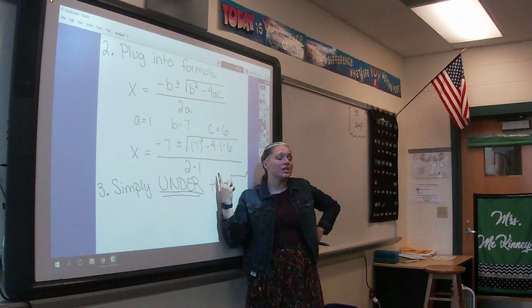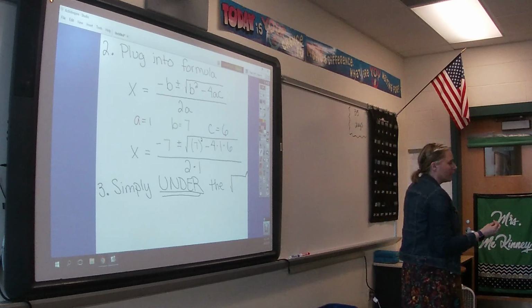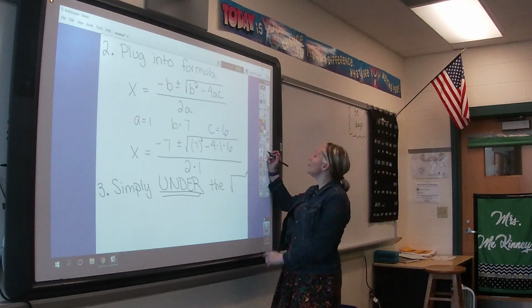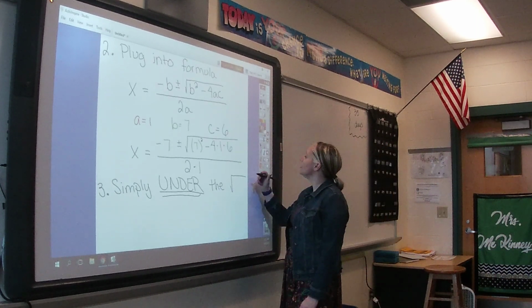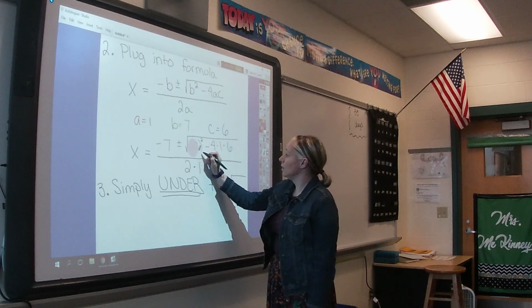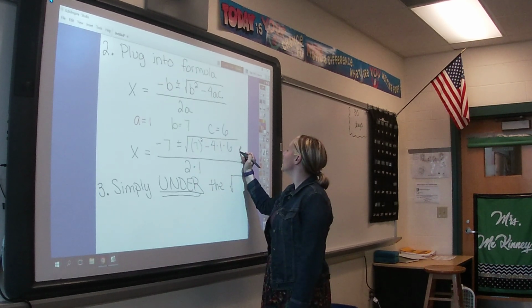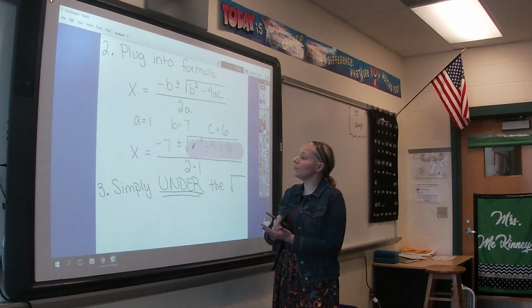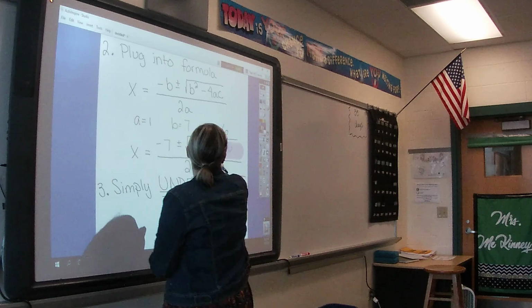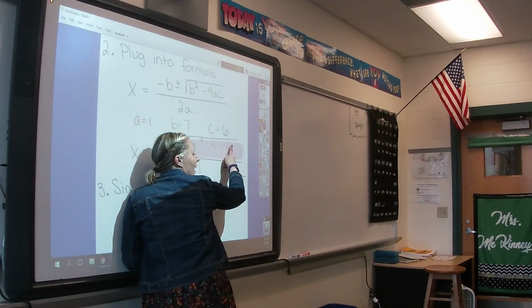So my suggestion is that right now everyone pick up their calculator, because these numbers sometimes get ridiculous, especially as we go into tomorrow, and type in all of the stuff underneath the square root sign exactly how you see it. So type in parenthesis, 7 parenthesis, squared, minus 4 times 1 times 6.